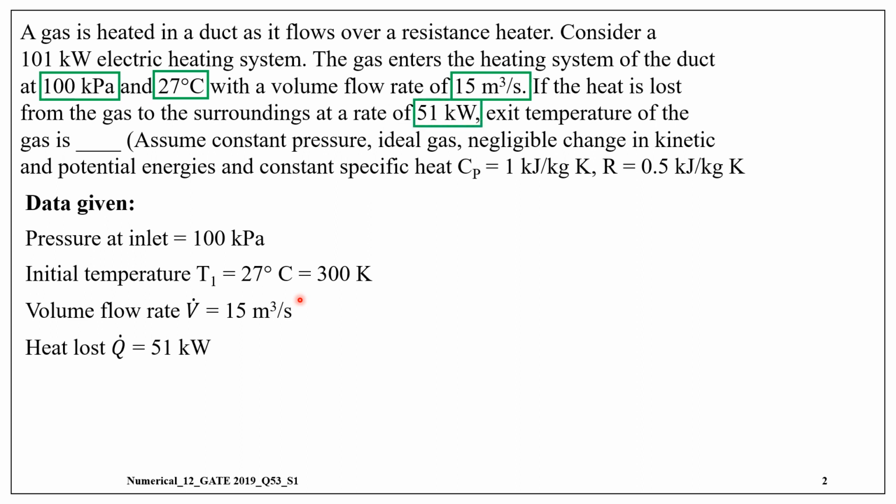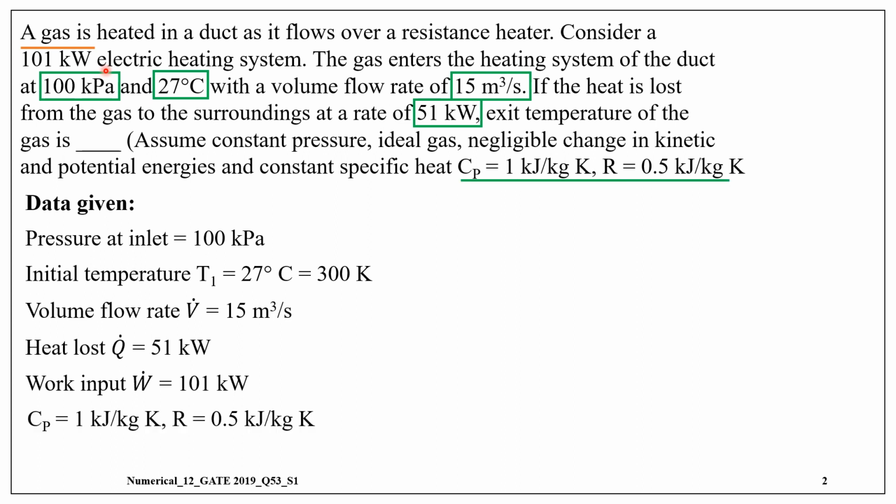Heat lost is 51 kilowatts. Work input is 101 kilowatt. Cp, that is the specific heat capacity at constant pressure, and gas constant R are given as 1 kilojoules per kilogram Kelvin and 0.5 kilojoules per kilogram Kelvin respectively.